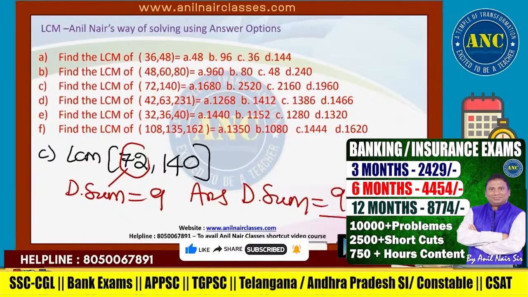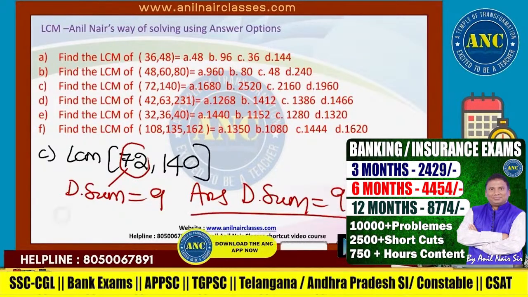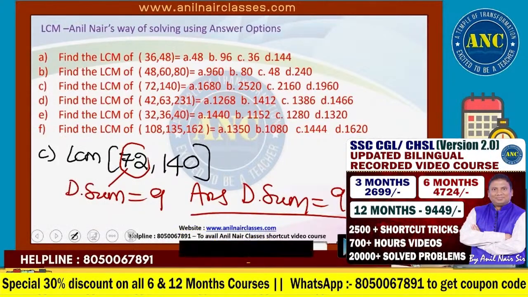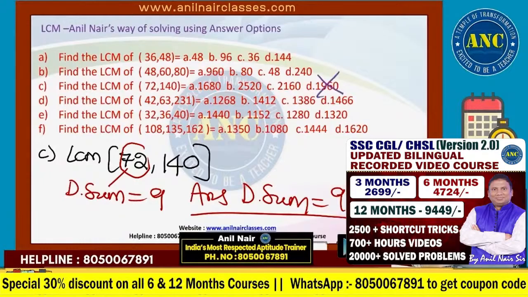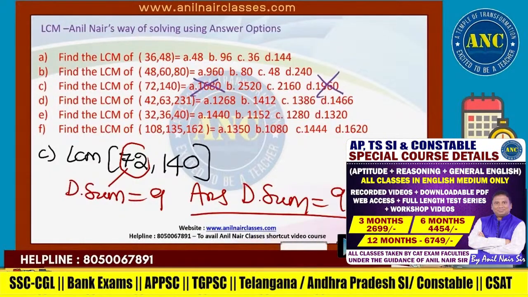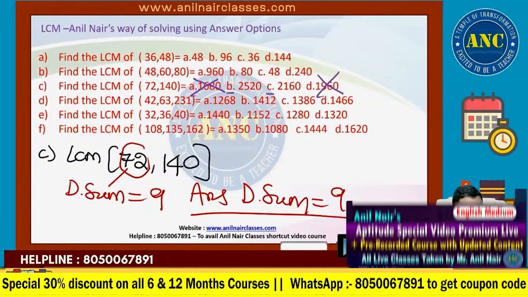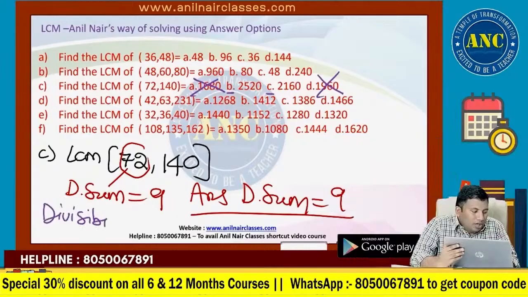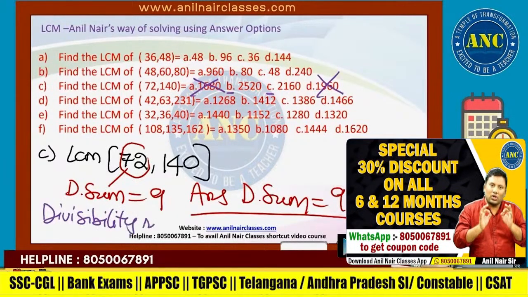Check by answer options. Answer digital sum should be 9. This is not 9. This is not 9. I am stuck with two options, B and C. Then go by the divisibility rule.